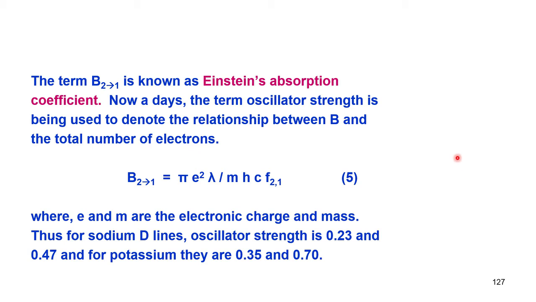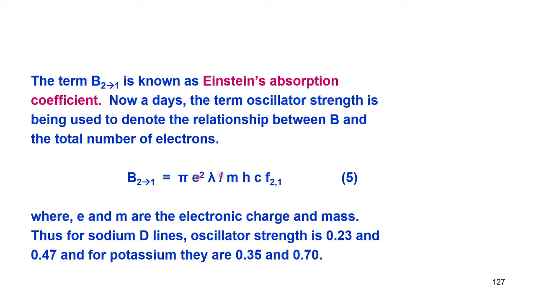The relation between B and the total number of atoms can be quantified by this expression: pi e squared lambda divided by m c nu, where e and m are the electronic charge and mass.